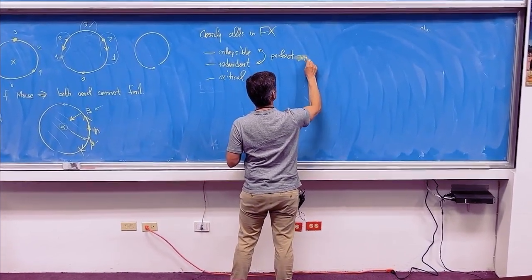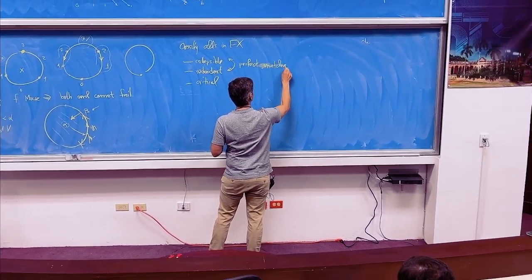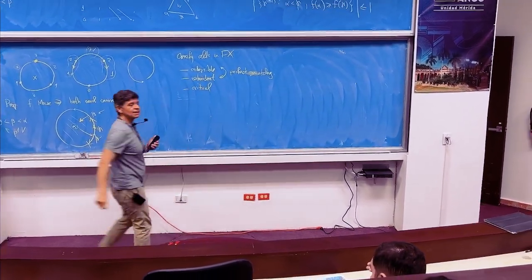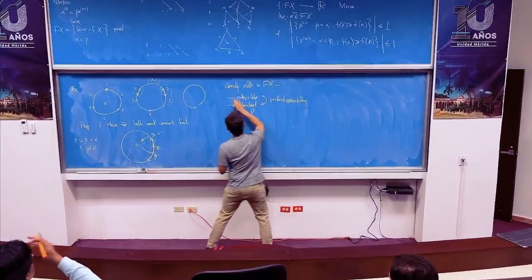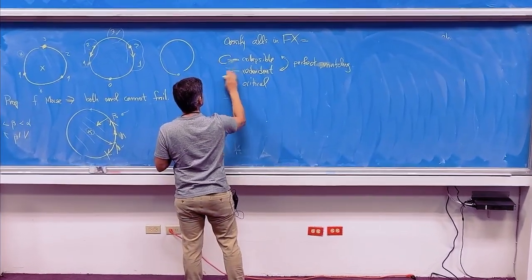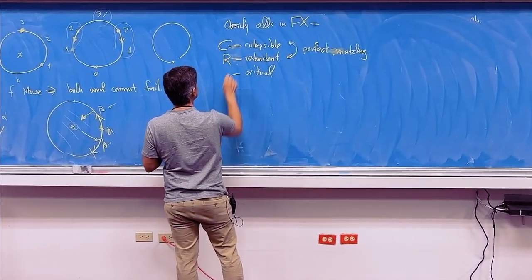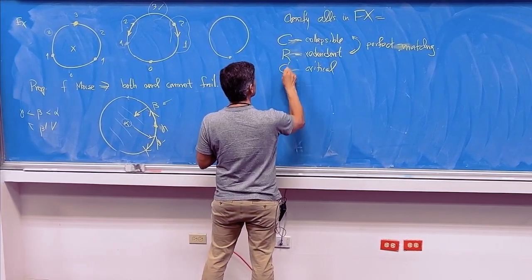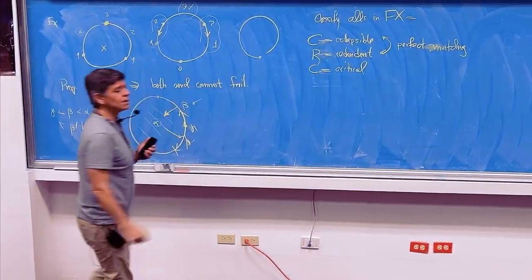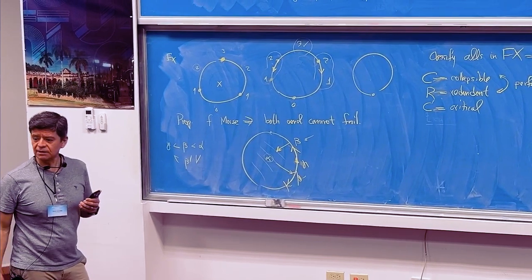So this allows us to make a pairing, call it a matching, between these kind of cells and these kind of cells. And of course, this is the union. Let's call this C, the set of collapsible cells. Let's call R the set of redundant cells. And sorry about that, didn't see it, critical for the set of critical cells.